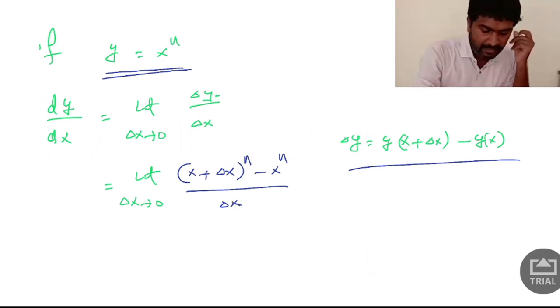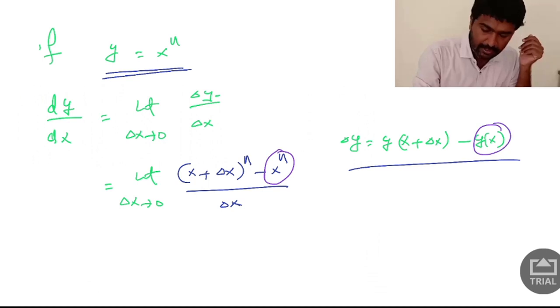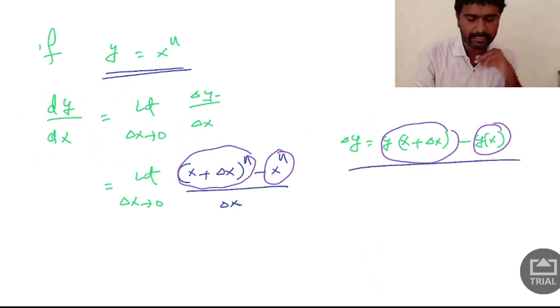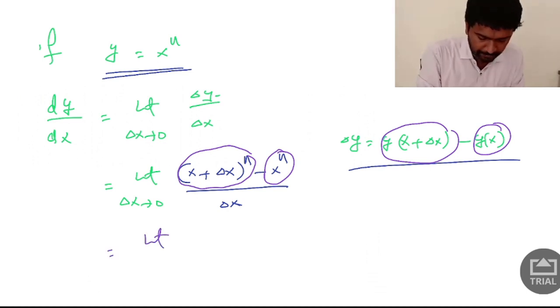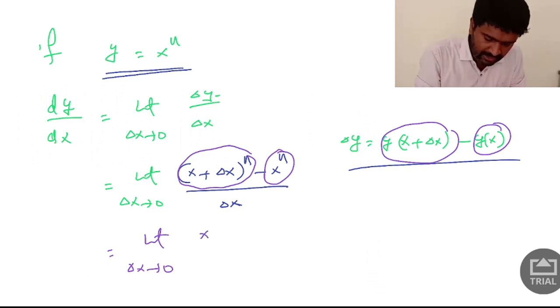In this, x power n is y of x, and x plus delta x whole power n is y of x plus delta x. So now that is limit delta x tends to 0, and x plus delta x whole power n. You can take x common here.